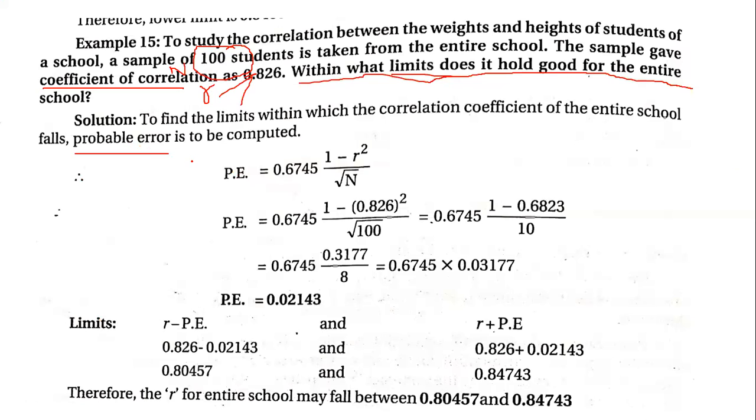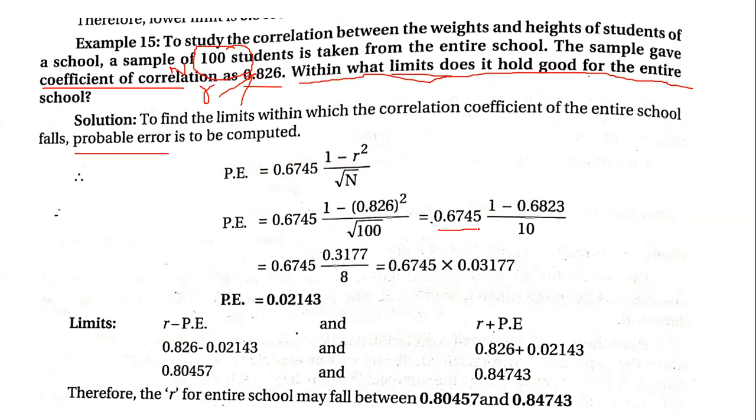Write the formula. These are very, very easy questions, but subject to condition, you have to understand the question. Okay, 0.6745 into 1 minus r square divided by square root of n. So 0.6745 into 1 minus r square, where r is already given to us, 0.826. So 0.826 square divided by square root of 100.